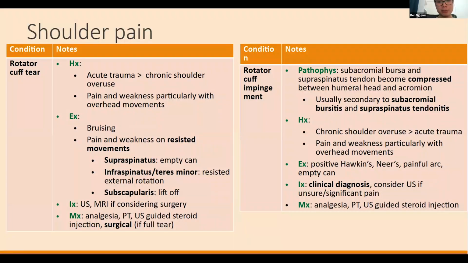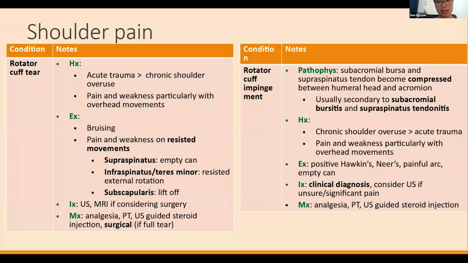In a normal person, it wouldn't cause impingement because our bursa and tendons aren't inflamed, so there's enough space for everything to move around. But if someone's got bursitis and tendonitis, there's less space in the shoulder joint for everything to coexist. So in certain ranges of motion, you'll get pain there.